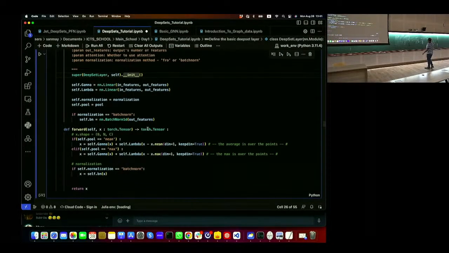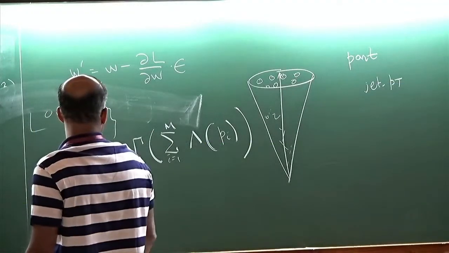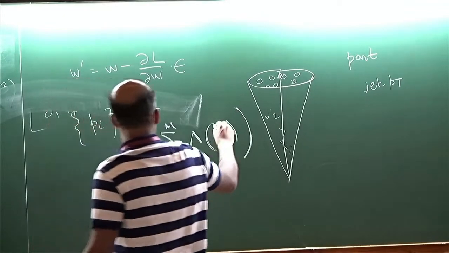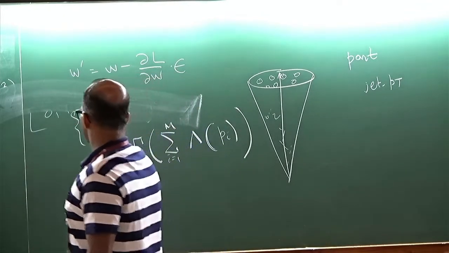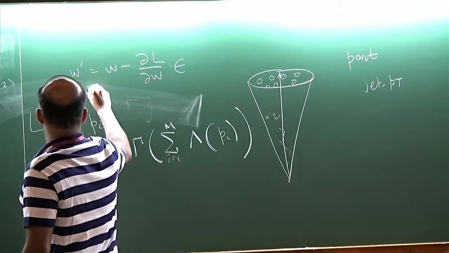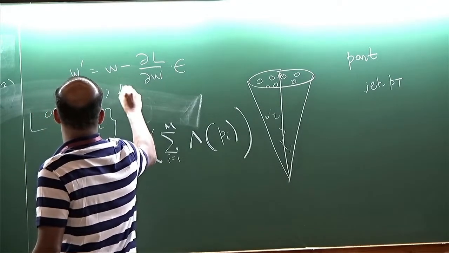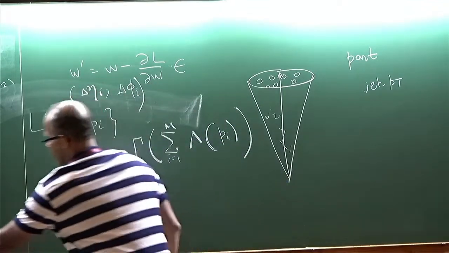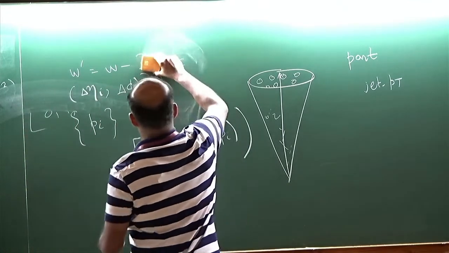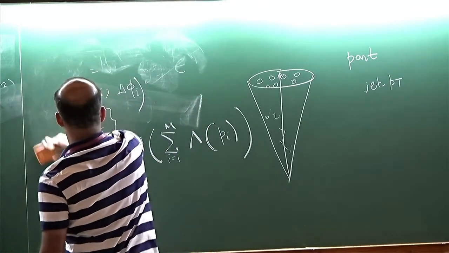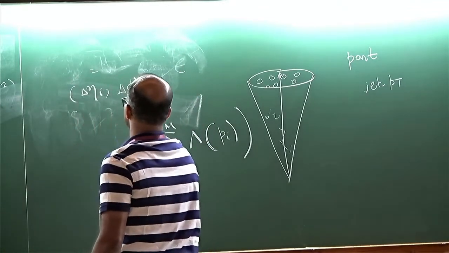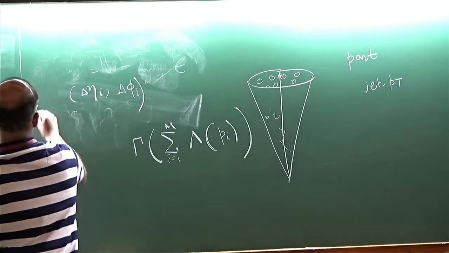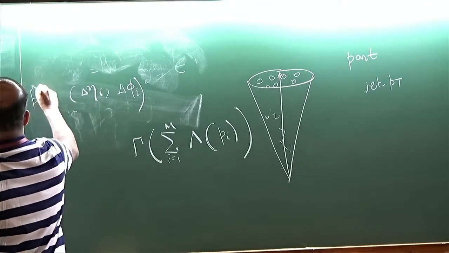Now what we are asking you to do is to think of Pi hat as the vector of delta eta i and delta phi i. So it's a two-dimensional vector for each particle, which is Pi hat.